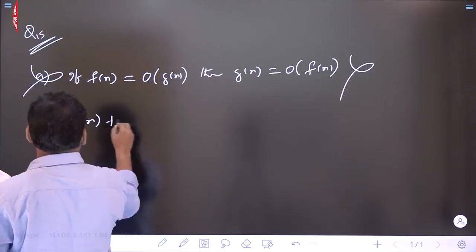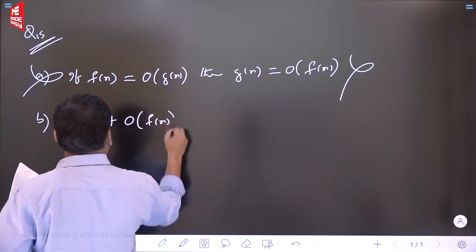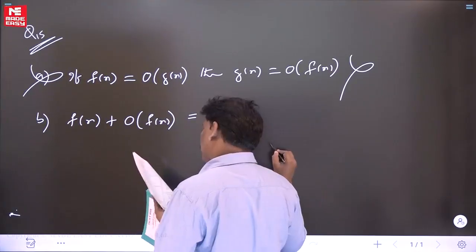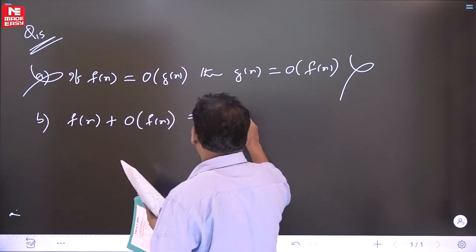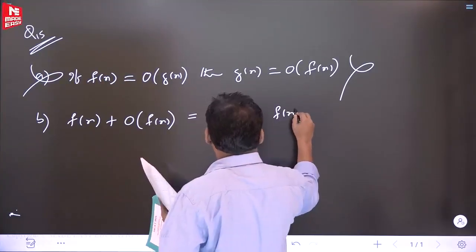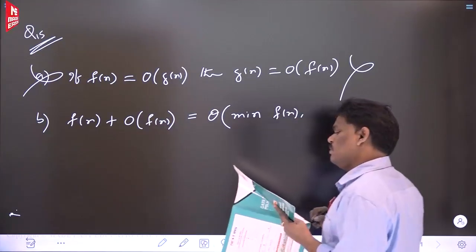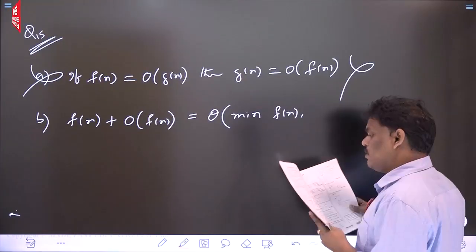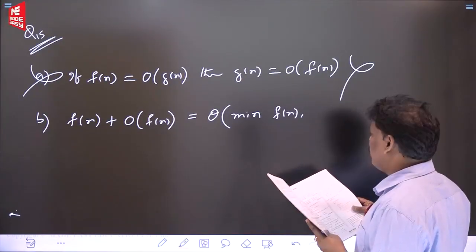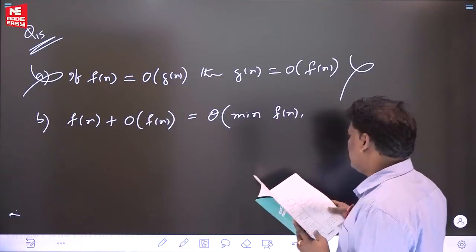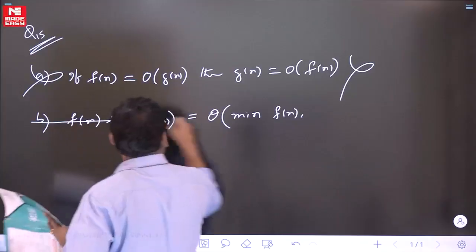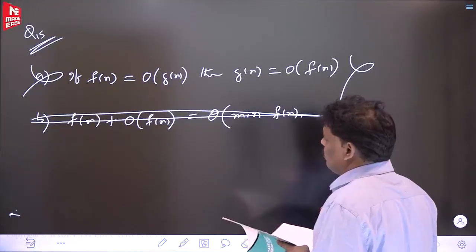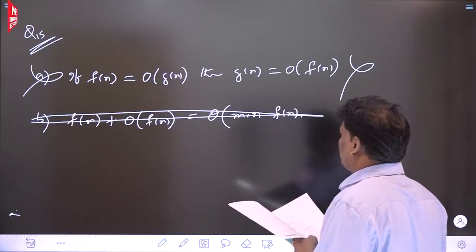f of n plus big O of f of n is equal to theta of minimum of f of n comma g of n.